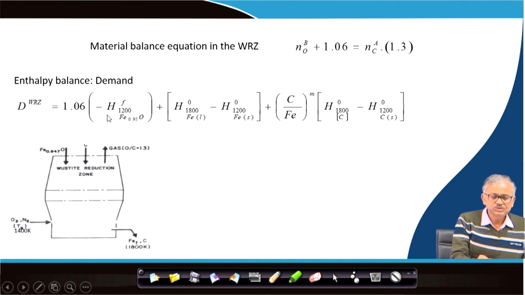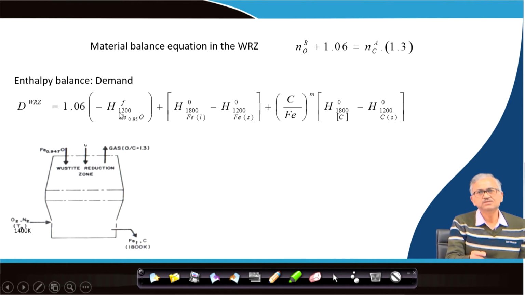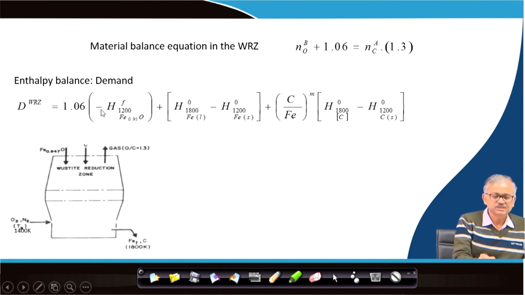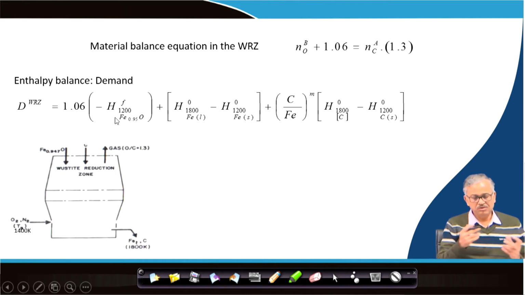First is the decomposition of the Wüstite, because Wüstite will come in and decompose, and per gram atom of iron you require basically 1.06 mole of Wüstite, right. So, multiplied by the heat of formation of Wüstite, that is just the reverse of decomposition, that is why a negative sign has come here. So, this is basically a positive number finally. So, this is the heat demand for Wüstite decomposition.